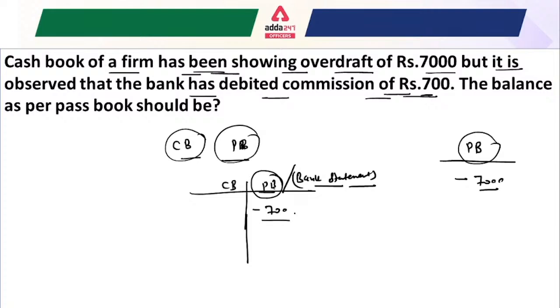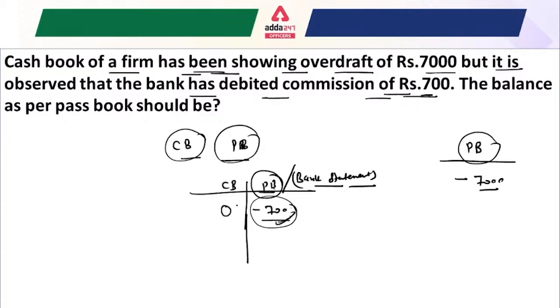So this is reflected as minus 700, while in the cash book, because the firm manager is not aware of this transaction, it is reflected as zero. Now, is the passbook balance greater or lesser than the cash book?